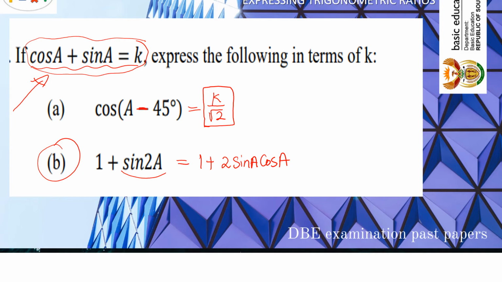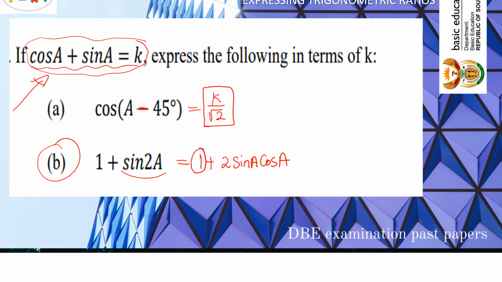Now, what do we do? Do we have 2 sine A cos A in our expression? No, we don't have it, right? What else can we change from this expression? 1, right? Look at 1.